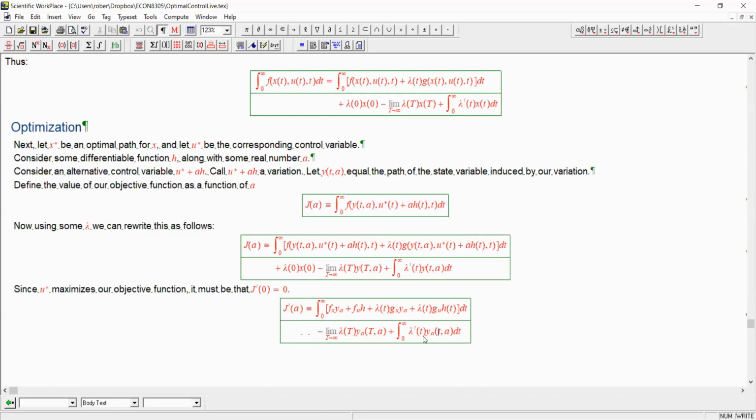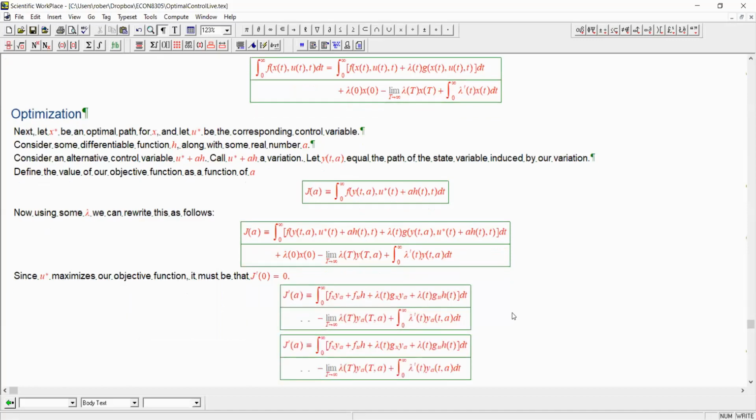Now let's collect some terms to make this a little more organized.